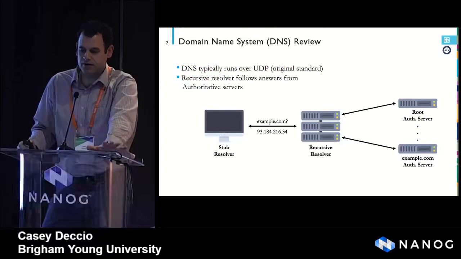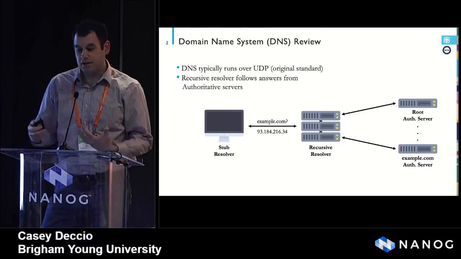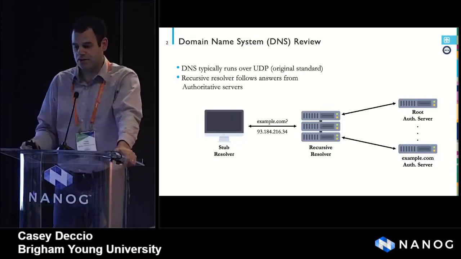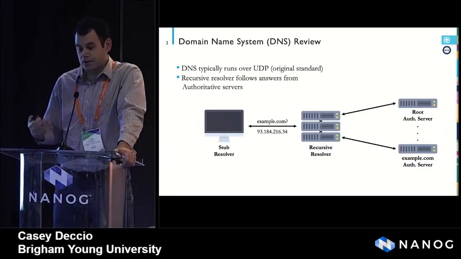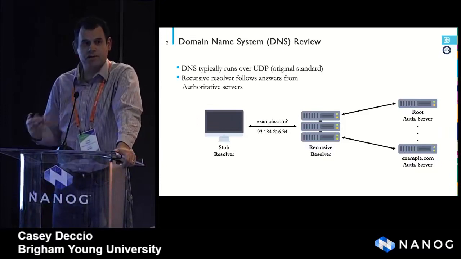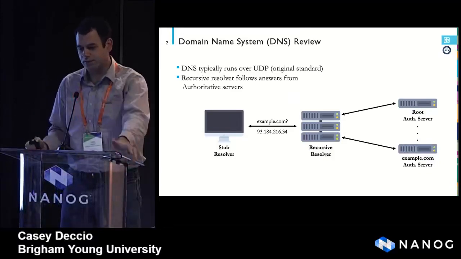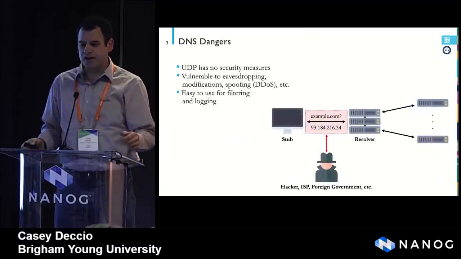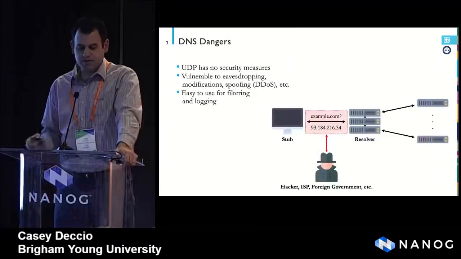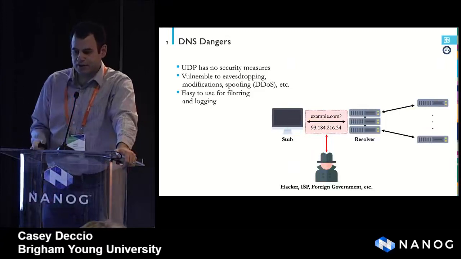We have a stub resolver, which is typically a library on your computer that communicates with a set of recursive resolvers, which are typically fairly static, and then the recursive resolver, its job is to go out and find the answer from authoritative servers. Okay, so we have these three basic roles. And I should mention, it said on the previous slide, that DNS typically runs over UDP, which is connectionless.